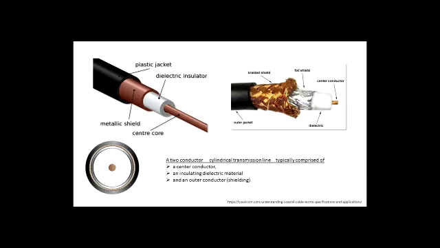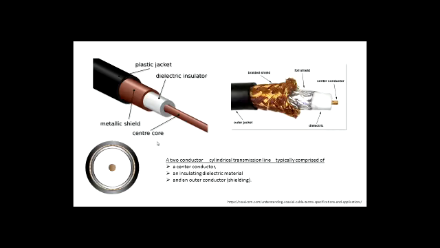Now these two parts, the metallic shield and the center core, are separated by a dielectric insulator. Dielectric is an insulator, it just sounds nice when you say that. Then the whole thing is sheathed with a plastic jacket. So that's the basic anatomy.